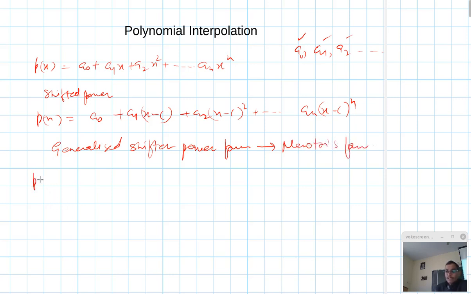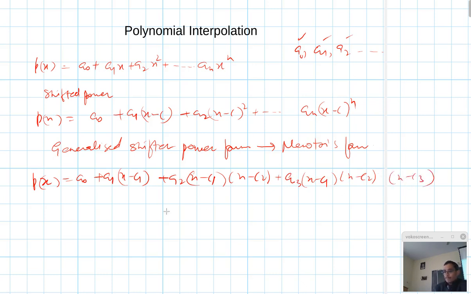It is p(x) is equal to a0 plus a1 (x minus c1) plus a2 (x minus c1)(x minus c2) plus a3 (x minus c1)(x minus c2)(x minus c3) and so on, up to an (x minus c1)(x minus c2) and so on up to (x minus cn). All of these are ways of representing the polynomial.